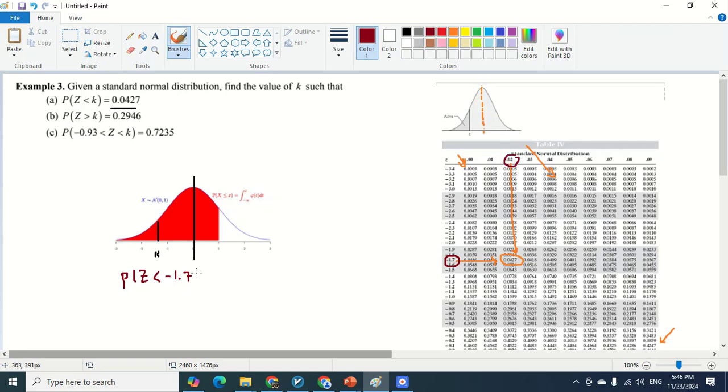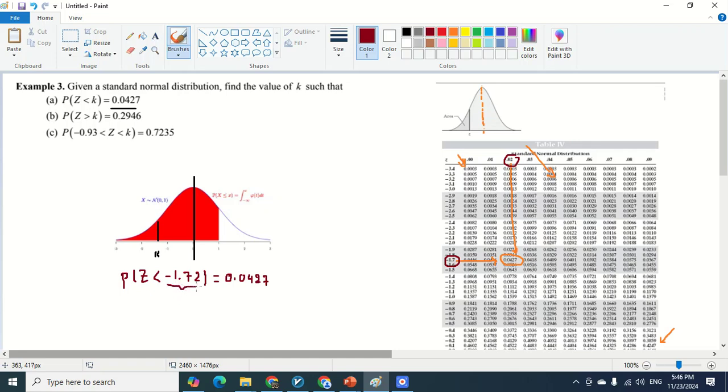So z less than minus 1.72 is equal to that given value, which is 0.0427. You can find that one over there. Right now we found k in this way.